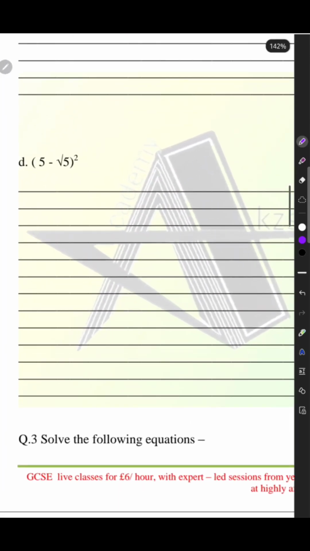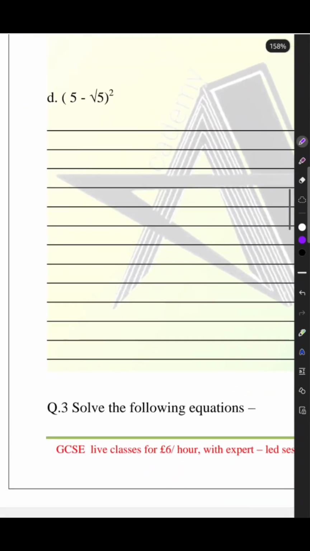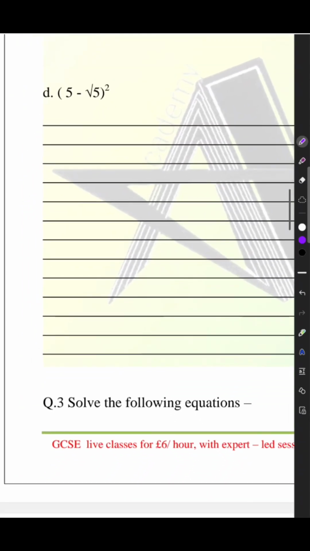Moving on to part D. Let me just zoom it a bit. 5 minus root 5 whole square. This is the most common mistake, because I've been tutoring for the last 6 to 7 years, and I have seen 80 to 90% of students make this mistake.